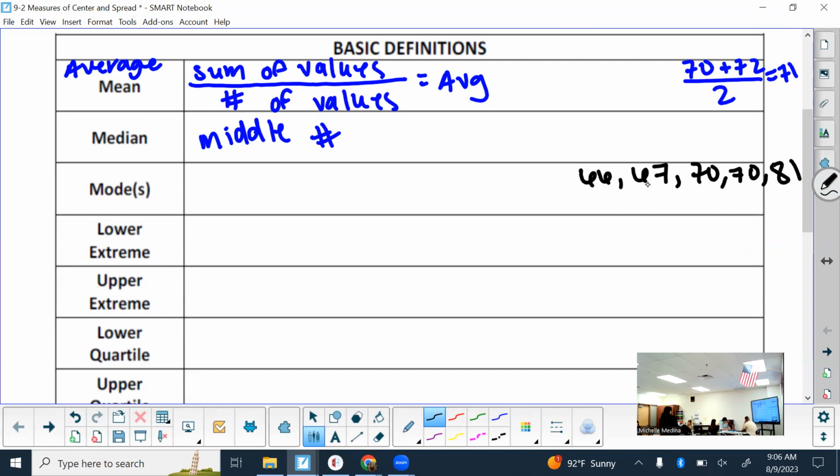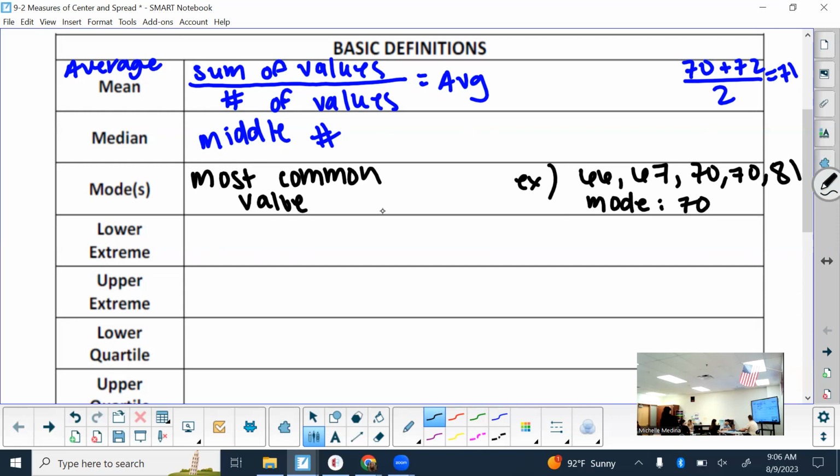What's going to be my mode of that? So mode means like your most common. So most common value in your data set. So now that I told you that, what's my mode of this value set? 70. Random value set that's good.